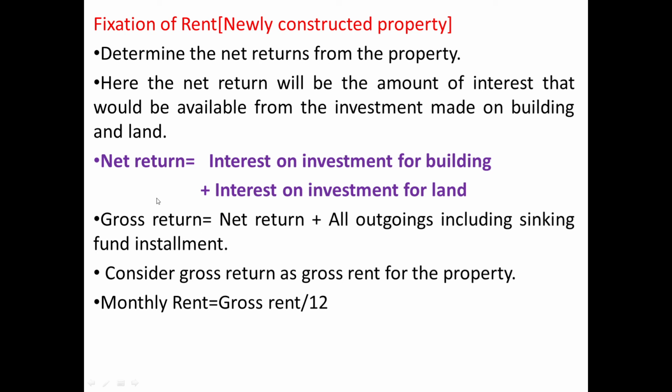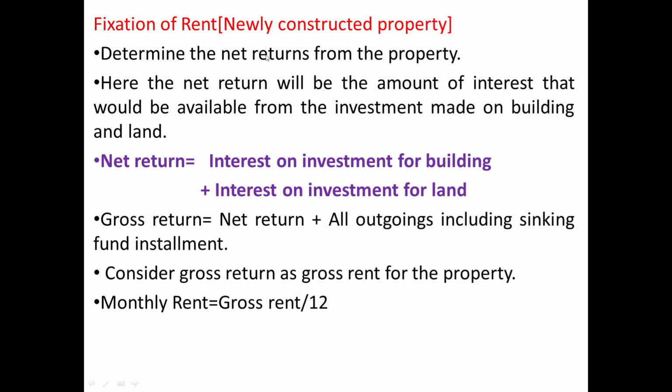Then we can work out the gross return, which is equal to the net return above plus all outgoings including the sinking fund installment. Then we consider the gross return as the gross rent available from the property, and then we can work out the monthly rent, gross rent divided by 12. So this method will be applicable for a newly constructed property.